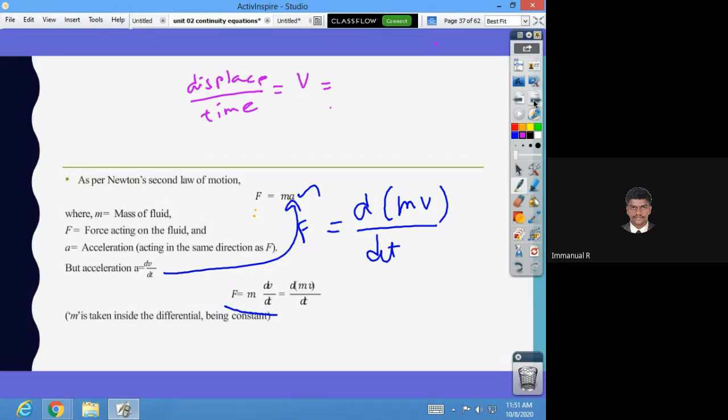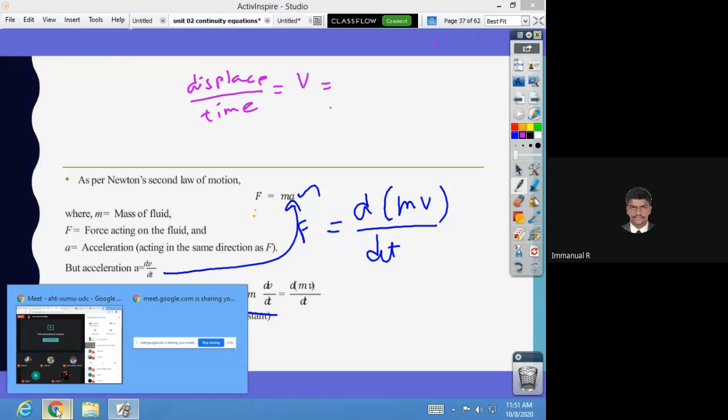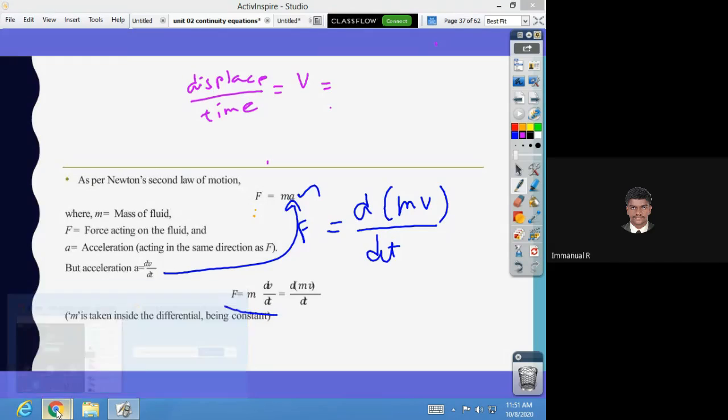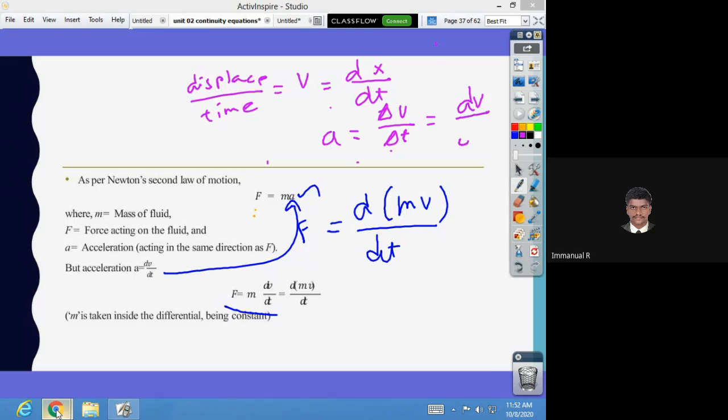Whenever we use differentiation, it means we need the instantaneous value of that particular property, so dx by dt is the instantaneous velocity formula. Acceleration is nothing but the change in velocity, del v, with respect to time. To know the instantaneous acceleration, I will go for differentiation, that is dv by dt.